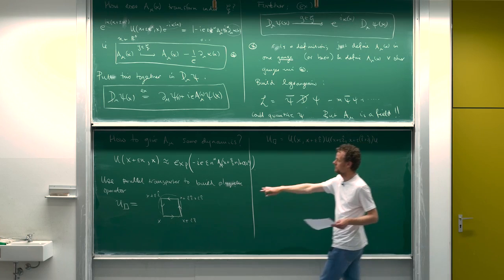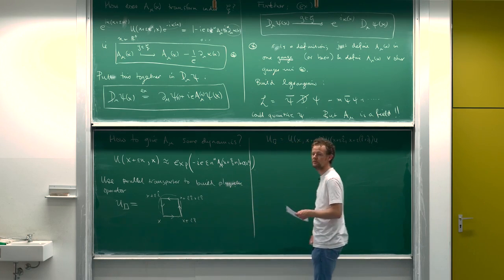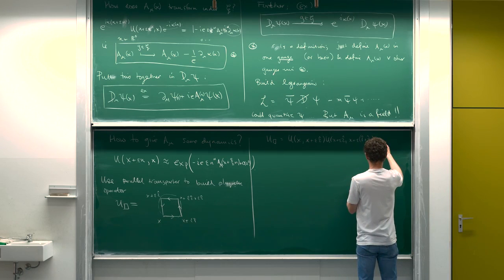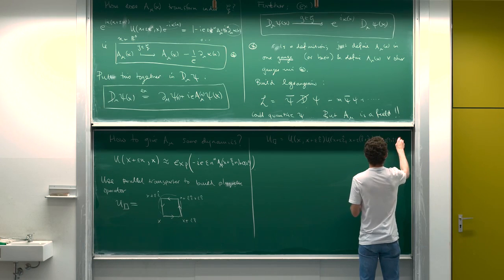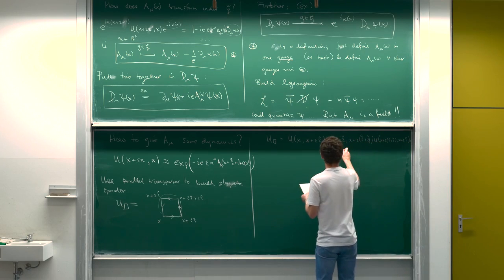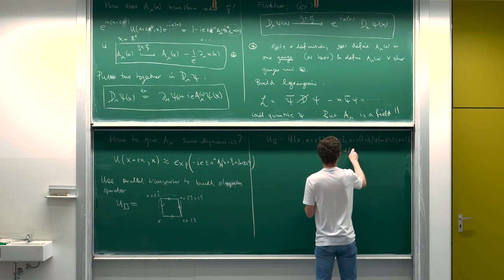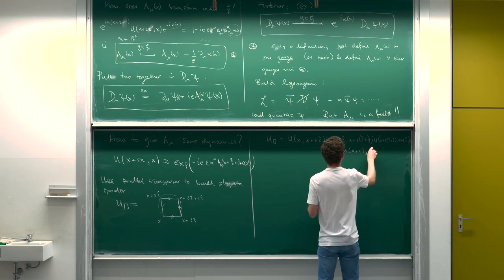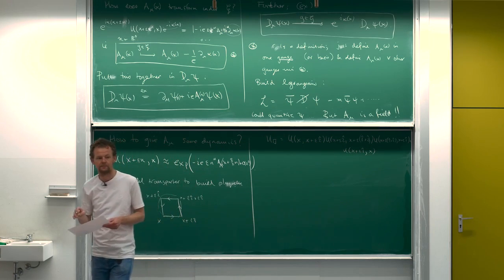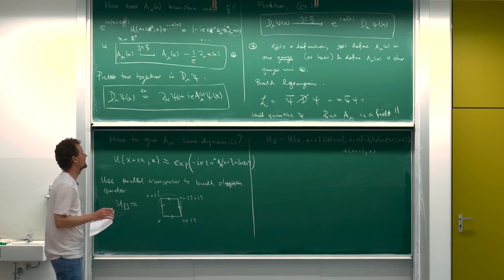So now, computing, we're just going to multiply all these parallel transporters around. And there's a fourth one. So that's the actual parallel transport action.